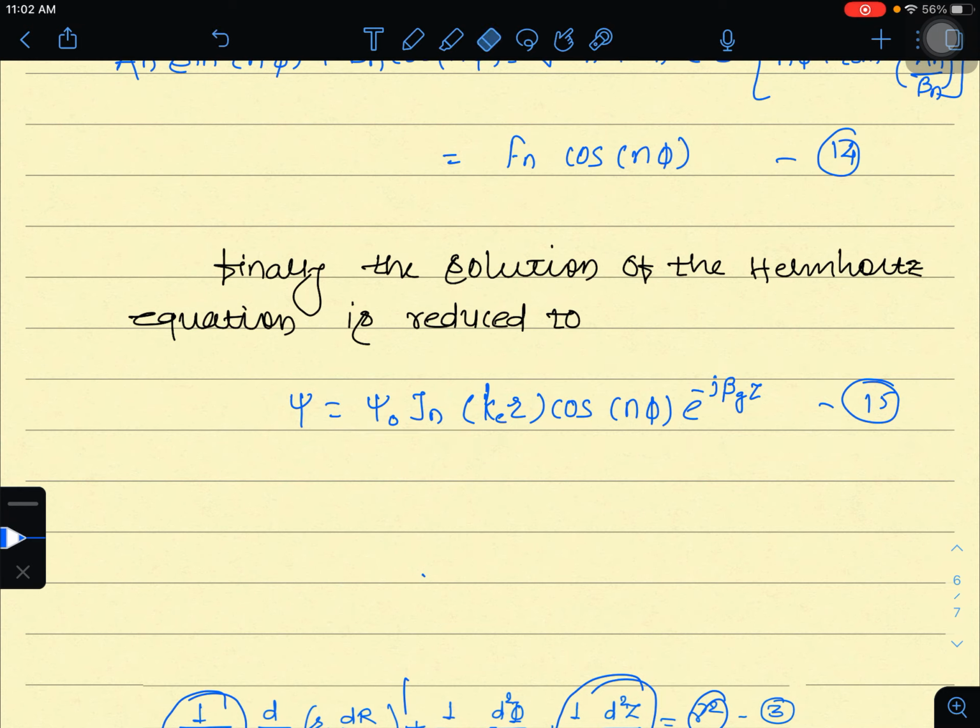This is the wave equation, and in it our magnetic field along the z component is Hz.